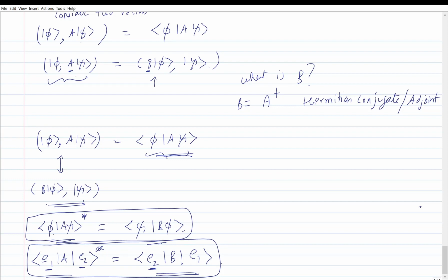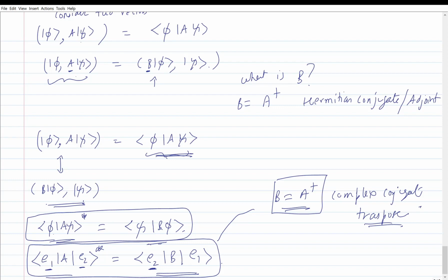They get swapped and the element also gets swapped. That's essentially what I mean when I call B equal to A dagger, which is the Hermitian conjugate or complex conjugate transpose. So the matrix becomes a complex conjugate transpose, which I represented by B equals A dagger. Yeah, so that's essentially it. In terms of outer products, it's rather easy to see in terms of the bracket notation.